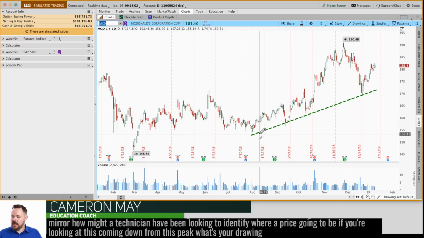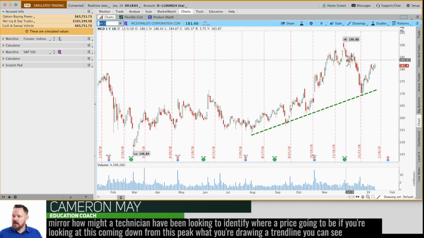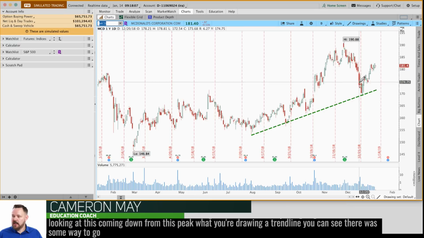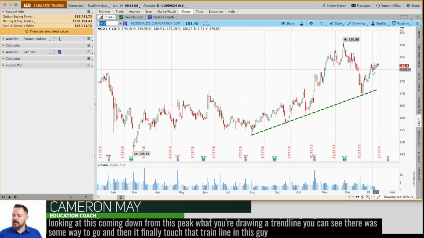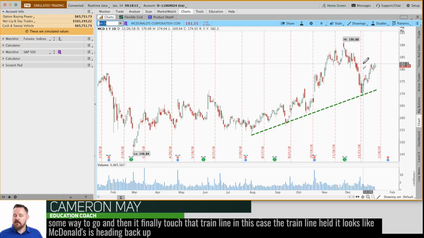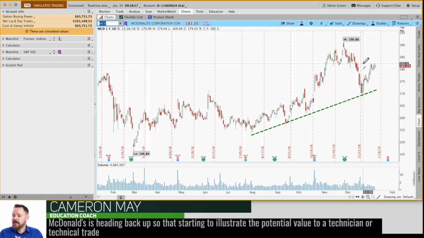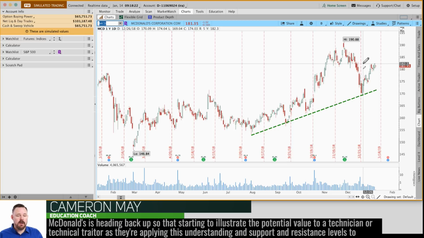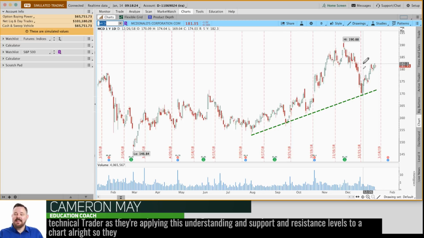Well, if you're drawing a trend line, you can see there was some way to go. And then it finally touched that trend line. In this case, the trend line held, and it looks like McDonald's is heading back up. So that's starting to illustrate the potential value to a technician or a technical trader as they're applying this understanding of support and resistance levels to a chart. All right, so that's diagonal support.